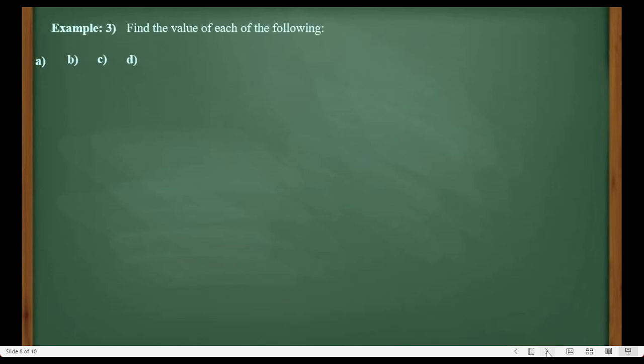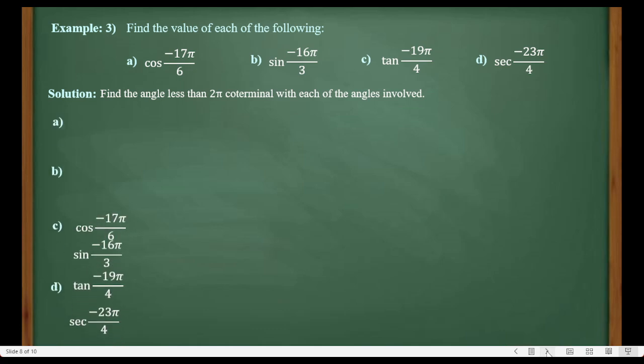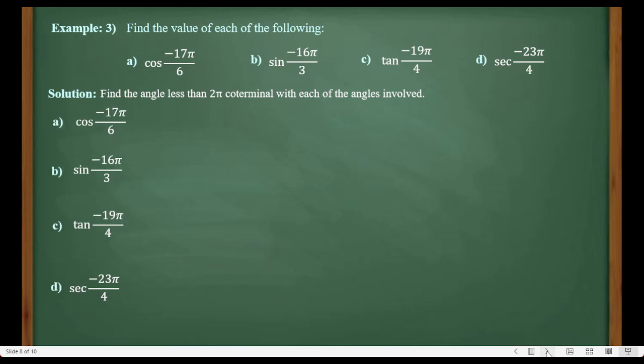Find the value of each of the following. Okay, cosine of negative 17 pi over 6. Find the angle less than 2 pi coterminal with each of the angles involved. Cosine of negative 17 pi over 6. So if we get its coterminal, we have 7 pi over 6.